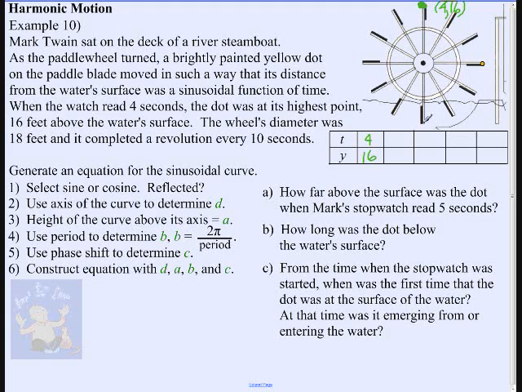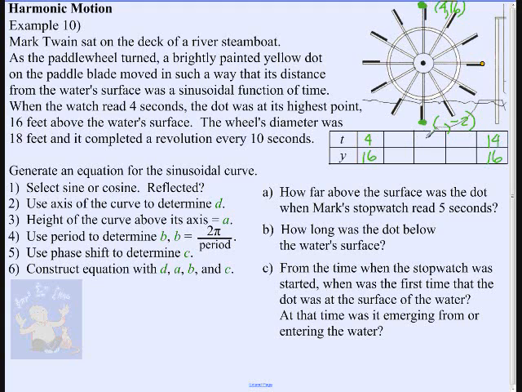And then we have another point down here, which is something, and the wheel's diameter is 18 feet, so that would have to be a -2, wouldn't it? It'd be just 2 feet underwater. It completes a revolution every 10 seconds, so it's going to be back up to 16 feet above the water, its maximum, 10 seconds later, so that would be at 14 seconds.